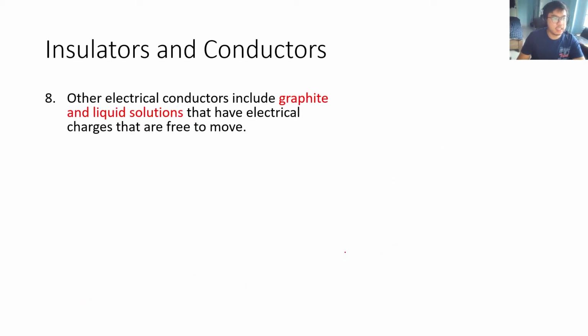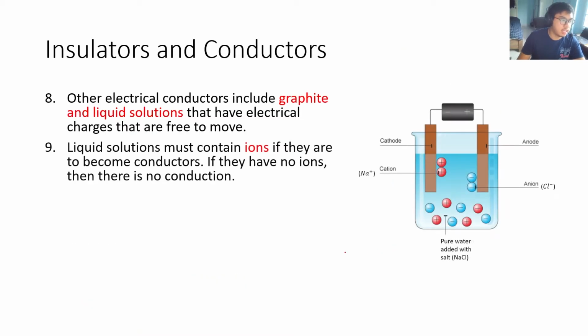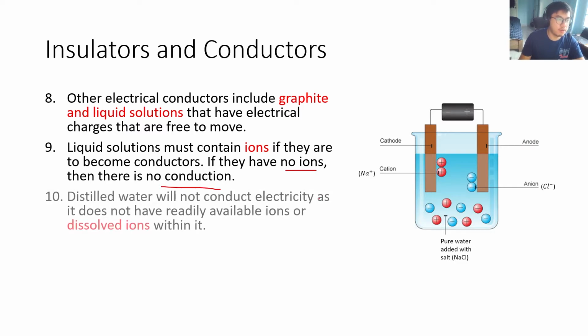Other electrical conductors include graphite and liquid solutions that have electrical charges that are free to move. So liquid solutions must contain ions if they are to become conductors. If they have no ions, there is no conduction. An example of a liquid that doesn't have any ions at all is distilled water, otherwise known as pure water.